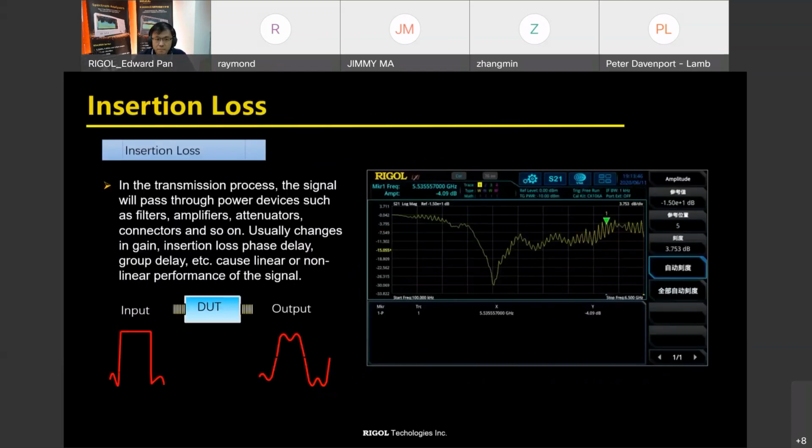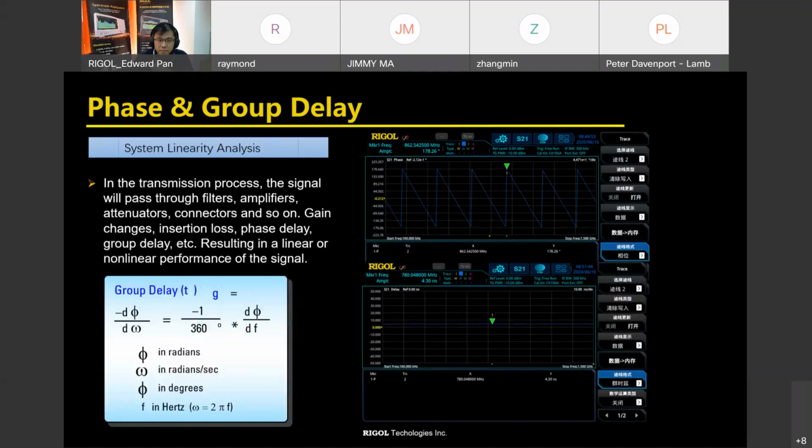Okay, so it is the insertion loss. Generally speaking, if the insertion loss is less than 1 dB, that means you have a very good transmission status. So it is very simple. The other one is the phase and the group delay.